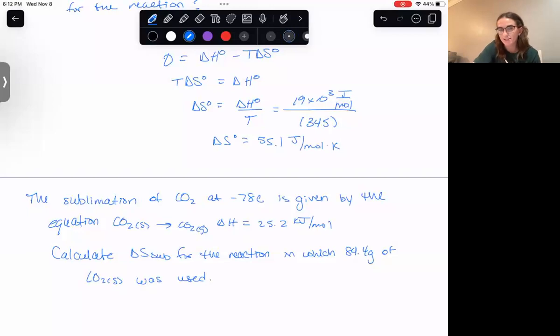Hey, does anyone have any ideas how they would do this problem? Or what equations you might use in order to solve this problem? Ideas on how to solve it, equations you might use, or any concepts that relate to sublimation that are important.